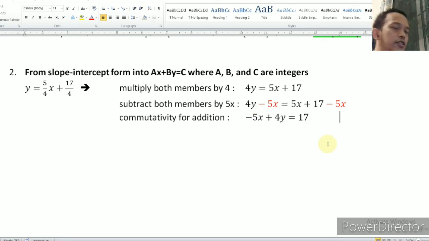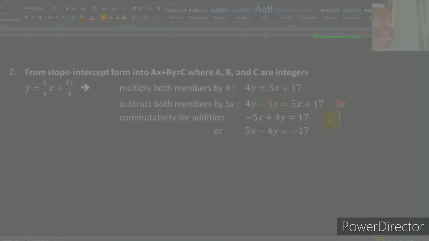If it is instructed specifically that a must be positive, for example, then I just multiply all by -1. So this is optional. If you are not instructed to have positive a, you don't have to go until this last one. You can be satisfied with this one. So they both speak of the same line.